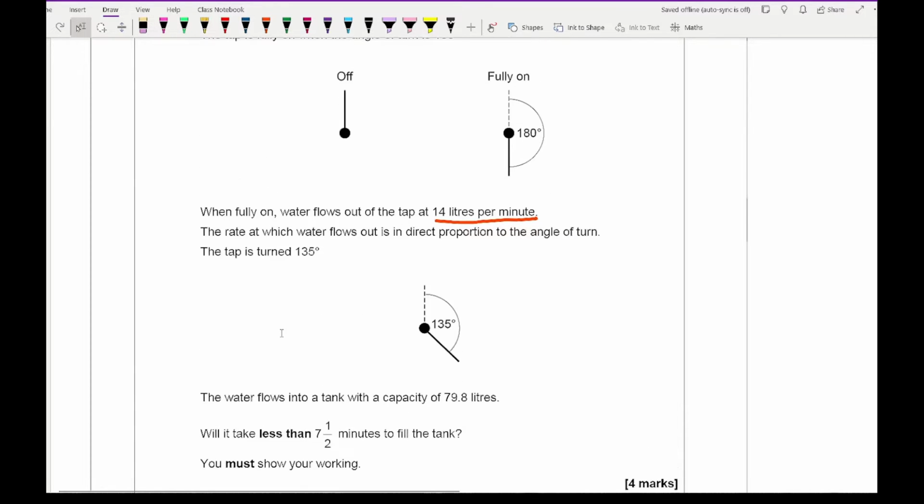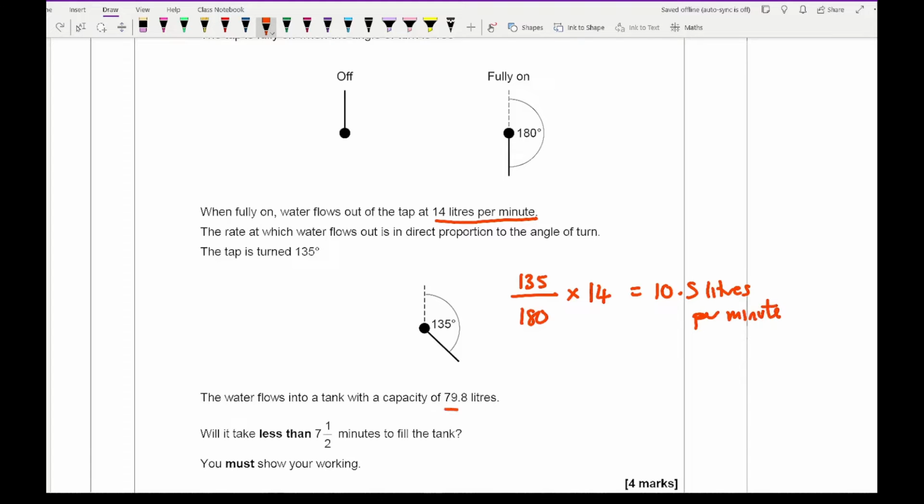So what we need to do first is work out how much water is going to go in the tank at 135, how long it takes. So for this, we've got that it's going to be 135 over 180, and it goes at 14 litres per minute. So if I work that out on my calculator, 135 divided by 180 times 14, that's going to give me an answer of 10.5 litres per minute.